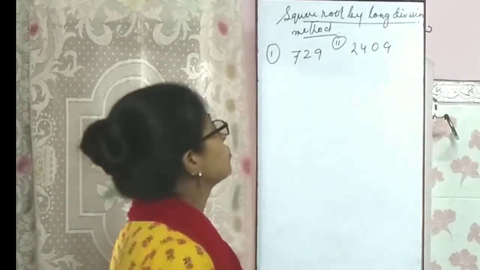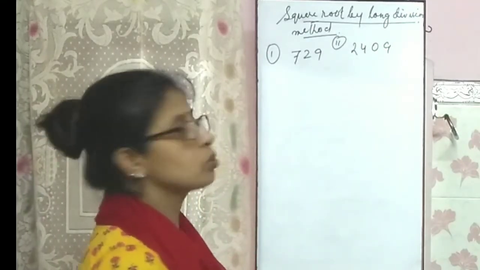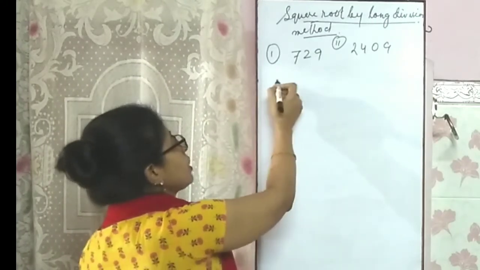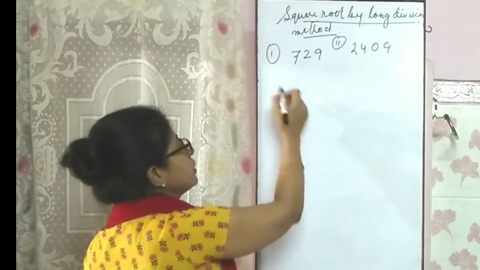We just need to find whether it is a perfect square or not by the long division method. Let's start with this.